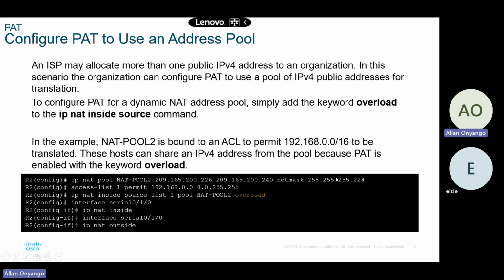Then you say netmask and put the subnet mask. As usual, create the access control list. Access list 1, permit 192.168.0.0, and the wildcard mask is 0.0.255.255. Then you bind the pool to the access control list, say IP NAT inside source list 1 pool, and put the name of the pool.